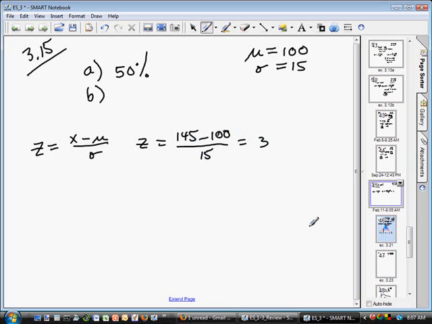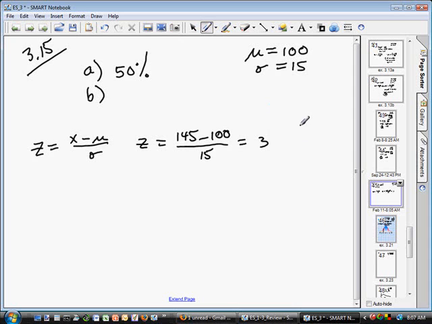Now, here's another little caution. Notice it asks for above. Remember, the table gives you below. So let's look up a z-score of 3. And I see I get 0.9987. Do you see that when you look up a z of 3?